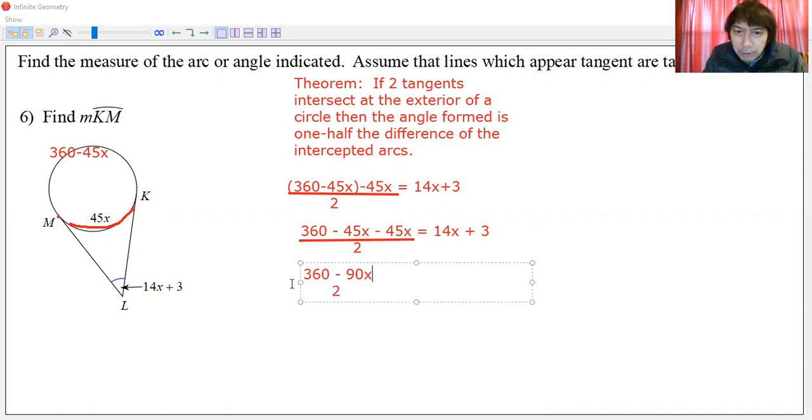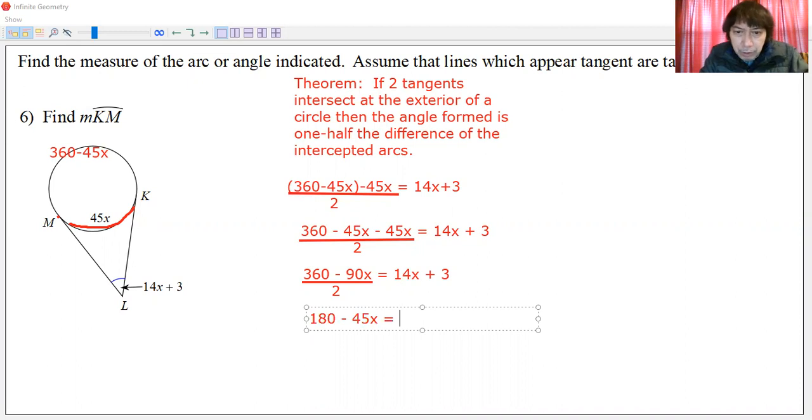And this will still be equal to 14x plus 3. And we still have the divide over here. And this will now be simplified to 360 divided by 2, that's 180. And 90 divided by 2 is 45 with the x.